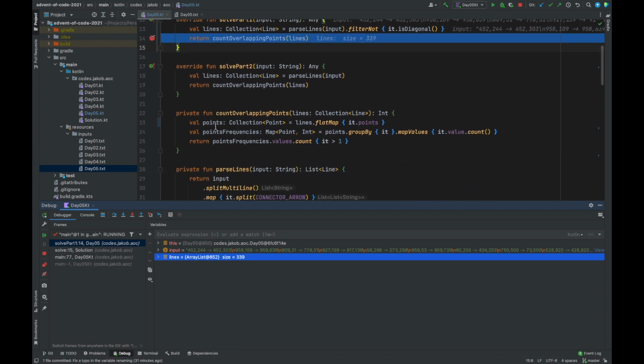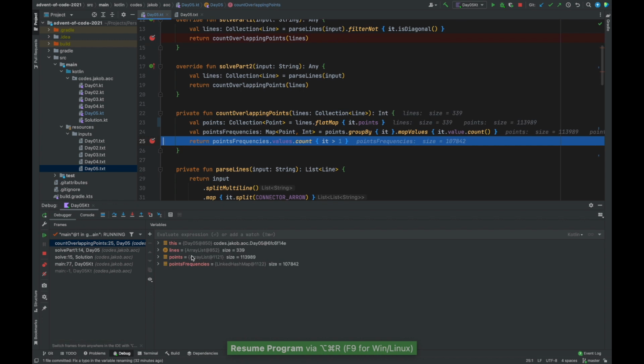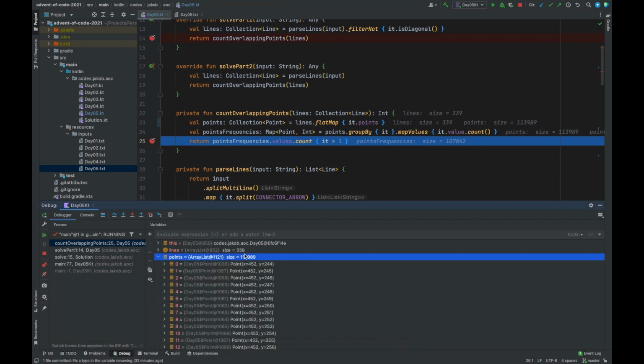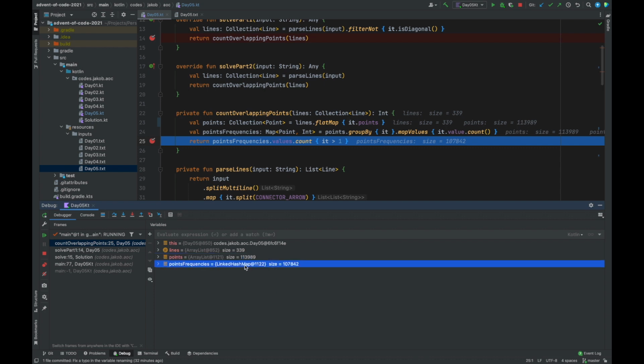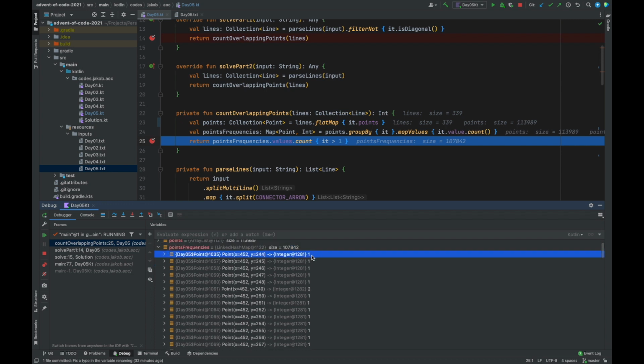And now let's go in here and quickly check this map, so that is a bit easier to understand. So if we now just flat map all of our points, you see we have more than 100,000 points. But now we can just group them. So we now see that at some points, like this one for instance, there's only a single one that is overlapping.